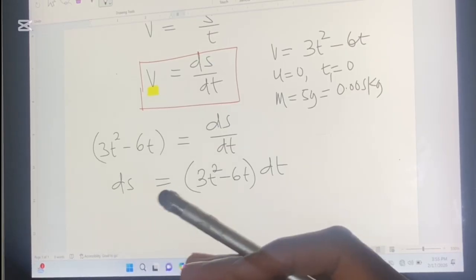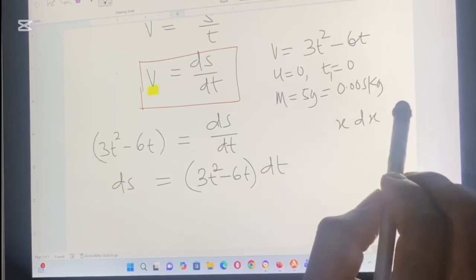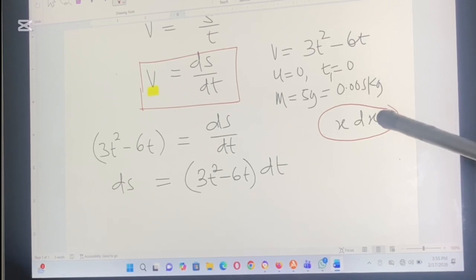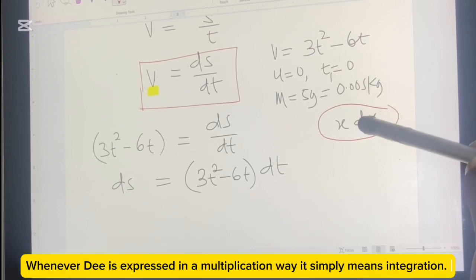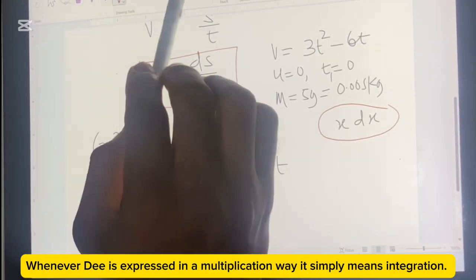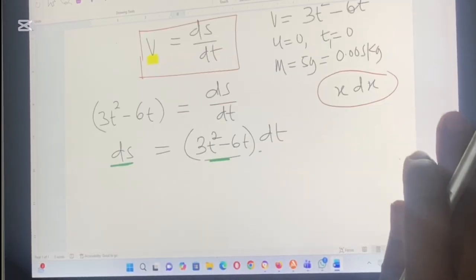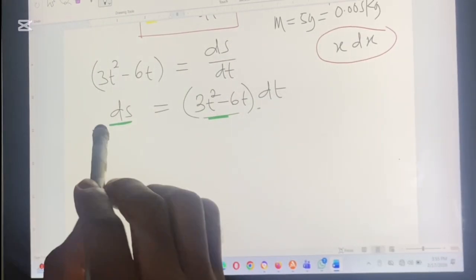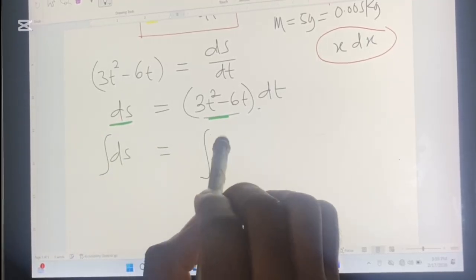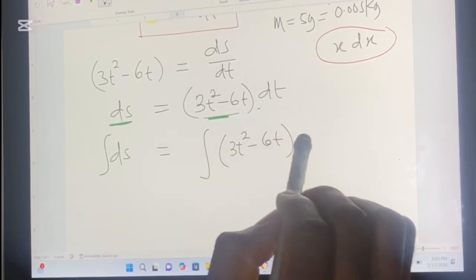Whenever you have derivative in a multiple way, if I have something like this, ds, we call this integration. Please take note. Whenever derivative is expressed in a multiple way in this form here, it is called integration. So this is called integration, and this is also called integration. So expressing the elongated form, this is going to be integral of ds is equal to integral of 3t squared minus 6t dt.